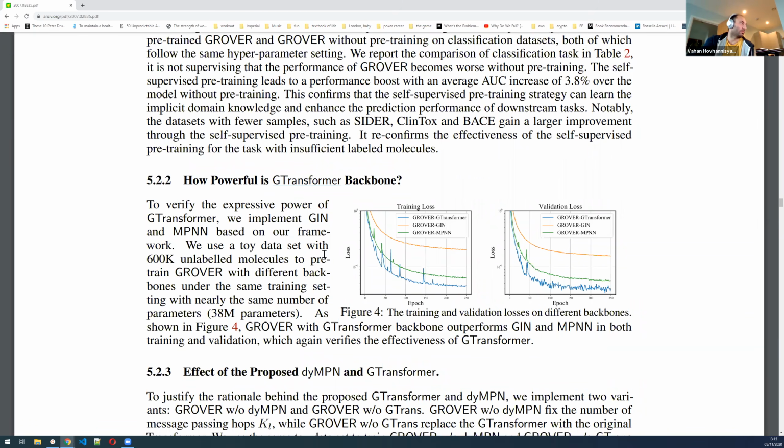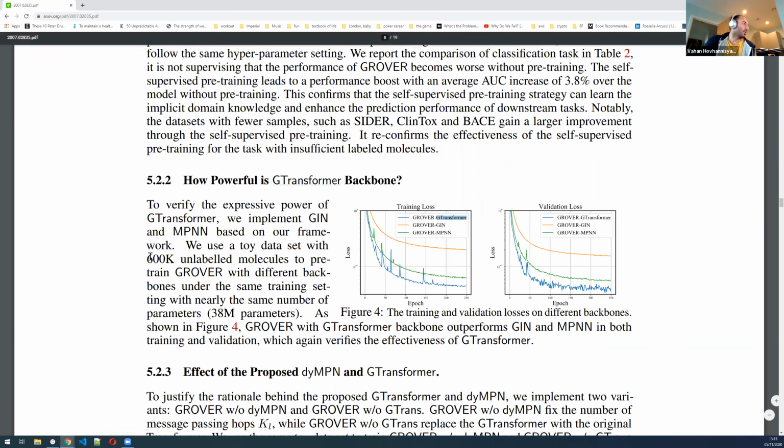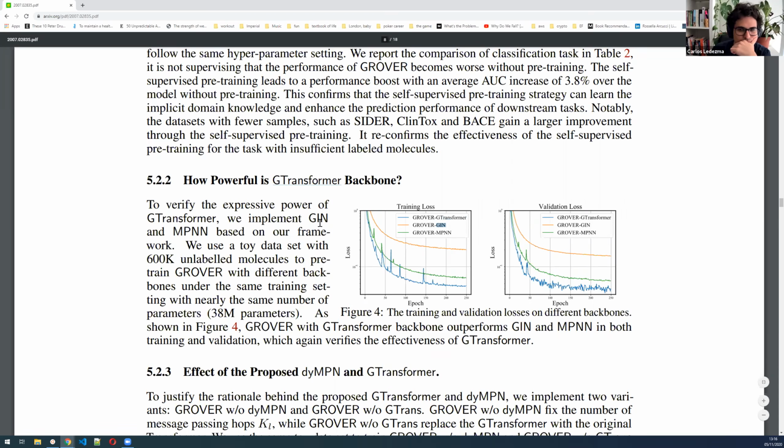with a transformer. No, this one is without transformer. GIN is, I want to make this right. So those are just other algorithms with different backbones instead of transformer, but they still use the pre-training.